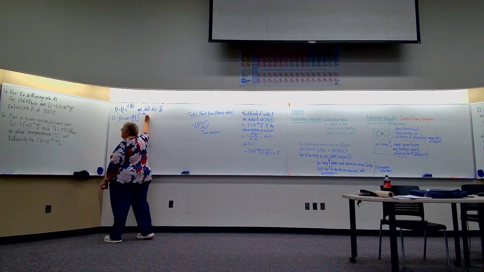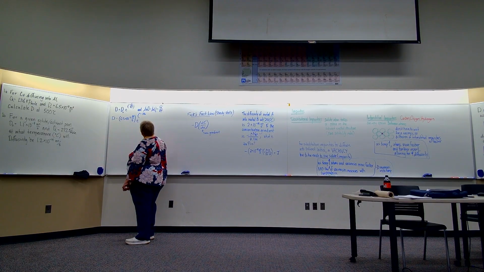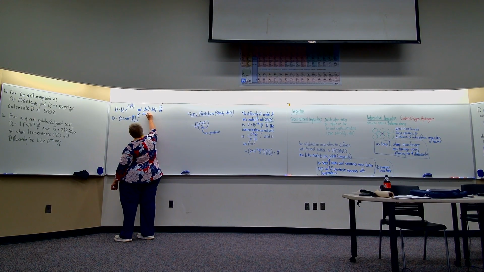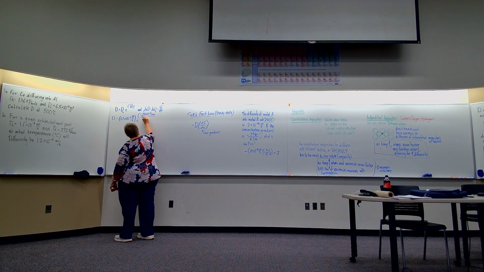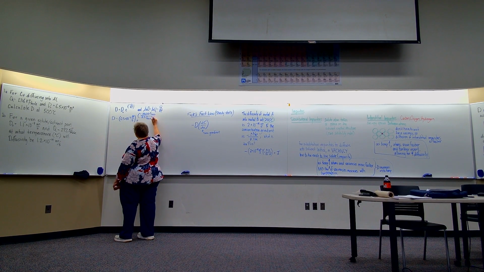And make sure if Q is given in kilojoules, that you give it in joules. 136,000 joules per mole divided by R, 8.31 joules per mole Kelvin times temperature, 500 C, 773 K.